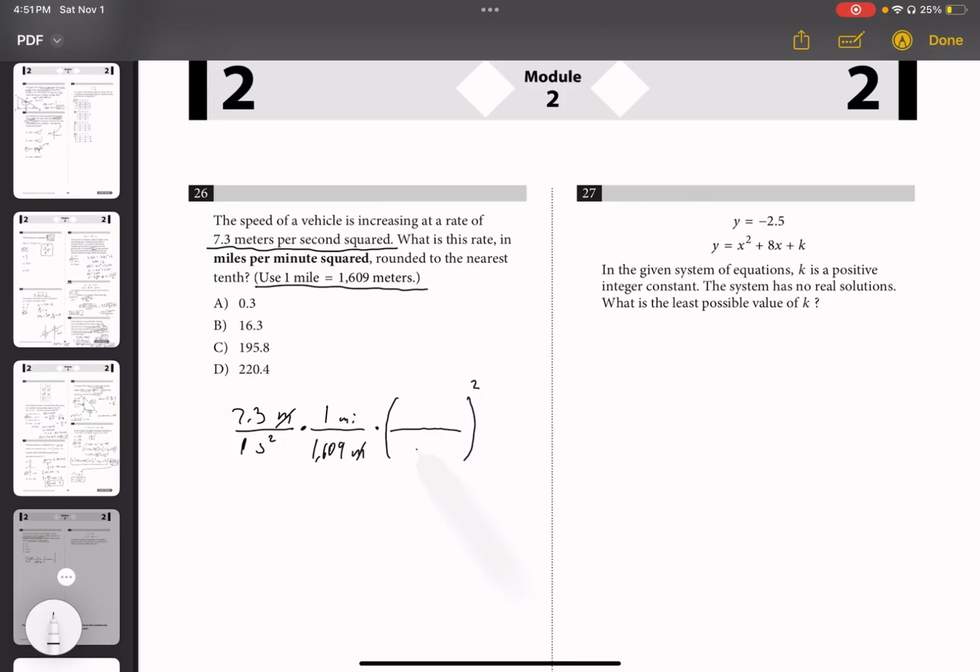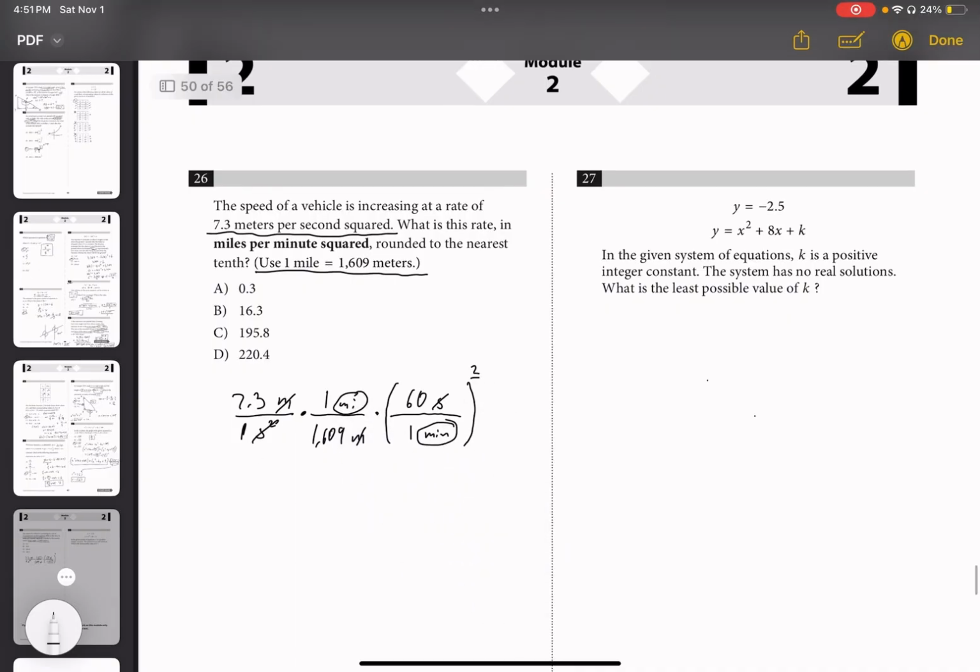So every 1 minute we get 60 seconds. And once we square this, you'll see we'll have 1 minute squared over 3,600 seconds squared, and the variables will cancel out perfectly. So now we're left with miles over minutes squared, which works.